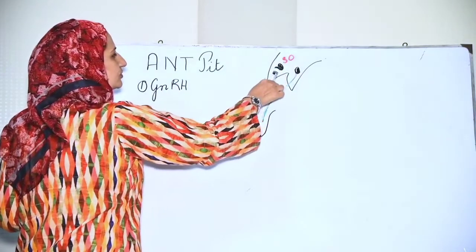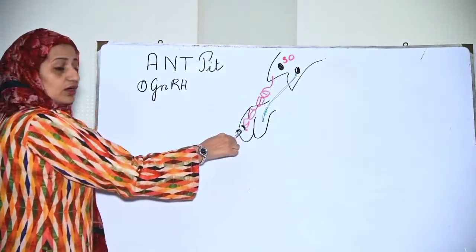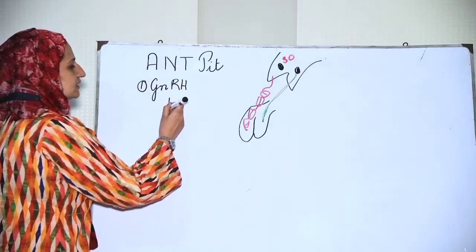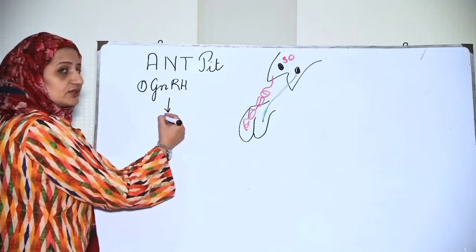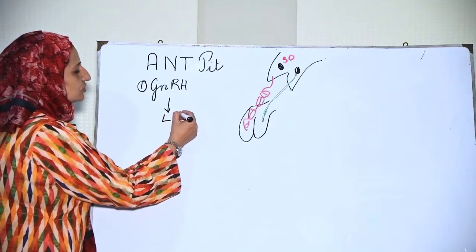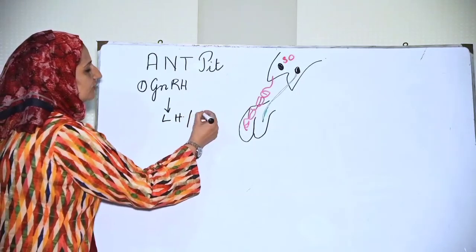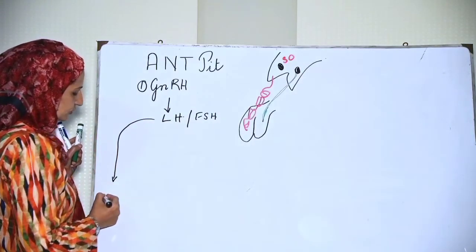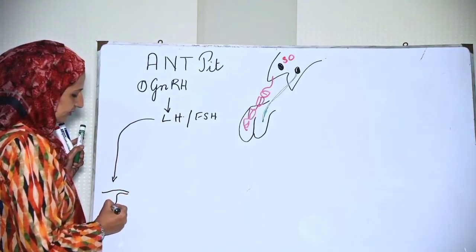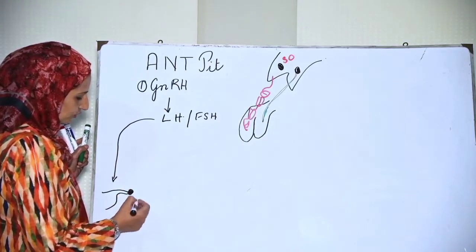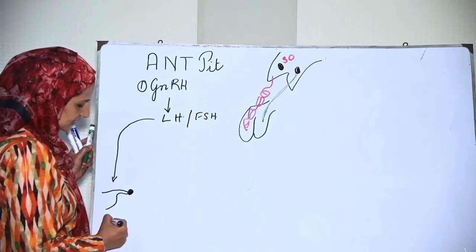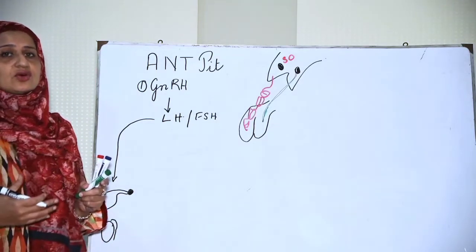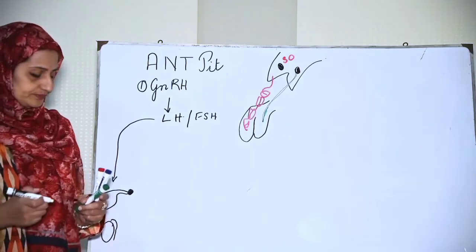Gonadotropin releasing hormone produced in the supraoptic nucleus acts on the anterior pituitary and results in the liberation of gonadotropins, which include luteinizing hormone and follicle stimulating hormone, and we all know that these two affect in females the ovaries and in males the testes, resulting in formation and release of further sex hormones.